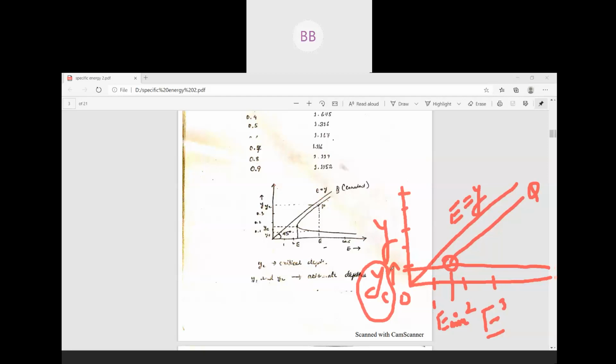It's not zero, it's minimum. The specific energy is minimum for a given discharge, and the flow that occurs at that particular depth is called critical flow condition, or critical flow.